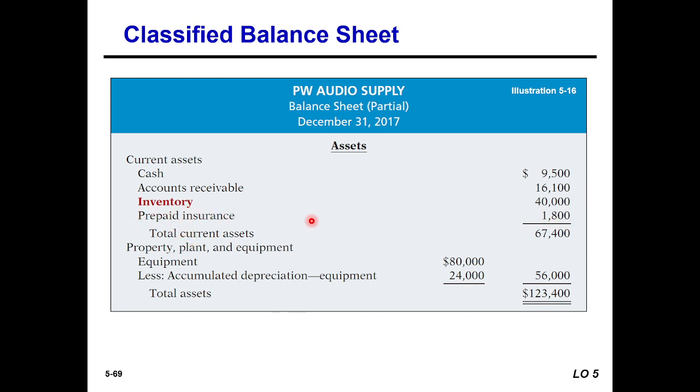In this chapter, inventory is the main factor. How could we get this inventory, and what is its actual treatment? We show inventory on the current assets side of the balance sheet. Then property, plant and equipment 80,000, less accumulated depreciation on equipment 24,000, giving total assets.